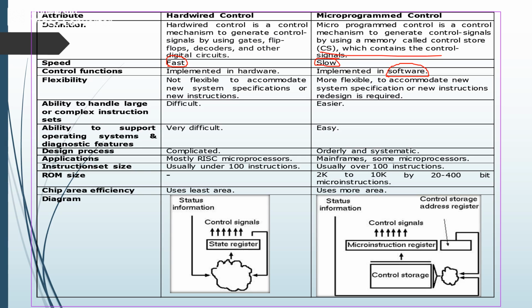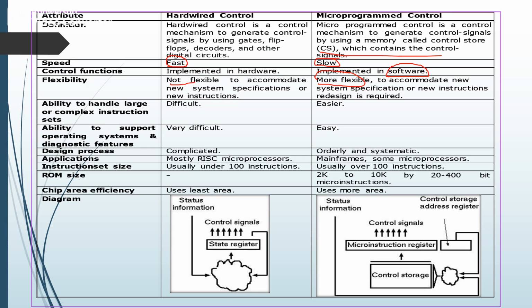The hardwired control unit is not flexible to accommodate new system specifications or new instructions. But the microprogrammed control unit is more flexible, so we can accommodate new system specifications or new instructions, and redesign if we have to design it again.